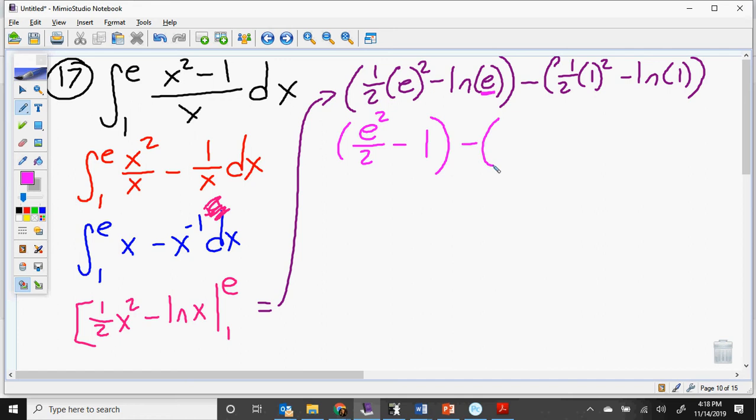1 squared is 1, 1 times 1/2 is 1/2. And then the last one, natural log of 1. Well, any log of 1 is 0, because I'm saying e to what exponent equals 1? Well, anything to the 0 power is 1, so minus 0.